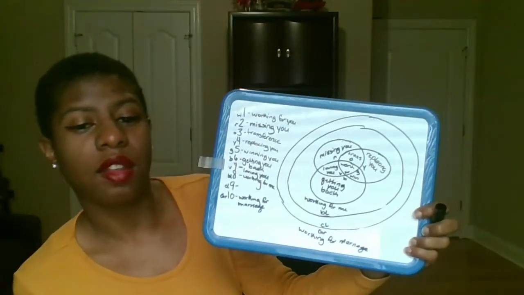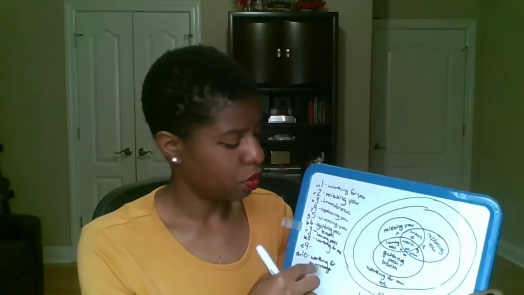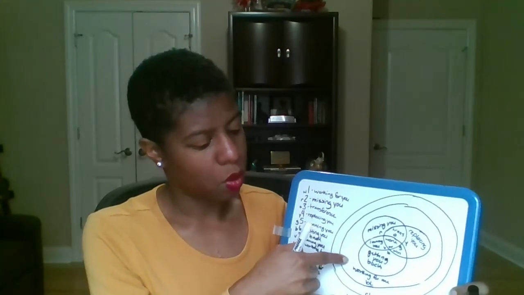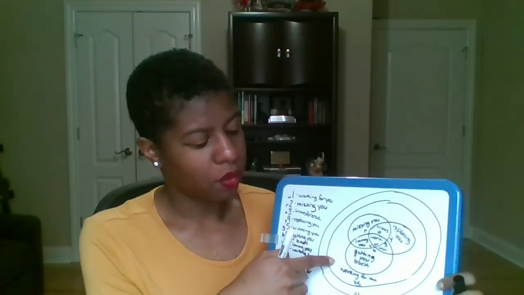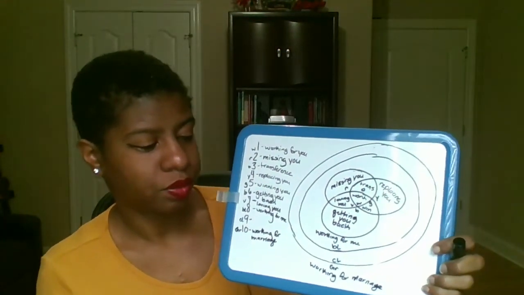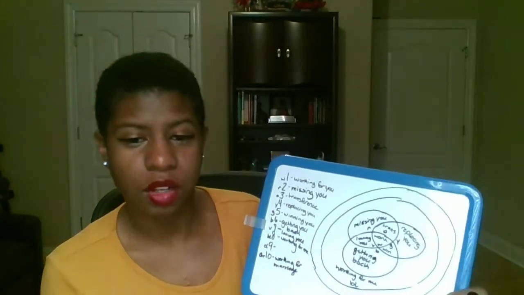Alright, and the very last one we're going to fill in is your clear, right? And that's going to be what? Working for me and working for marriage, what they have in common. Okay? Once again, we're not going to use work.